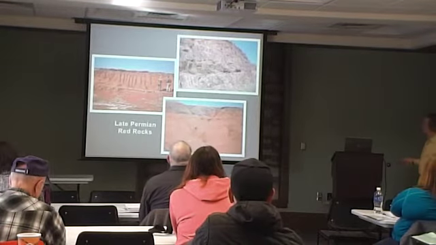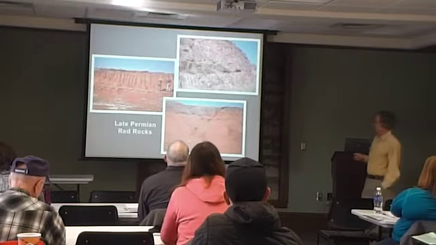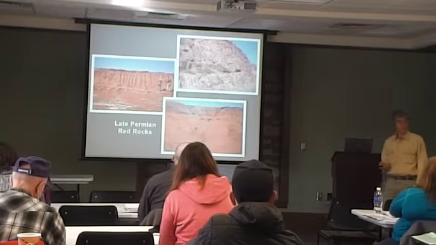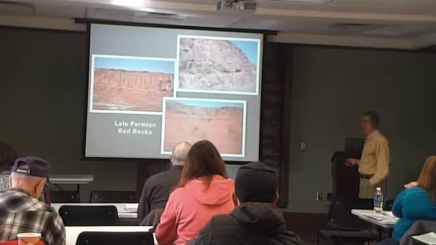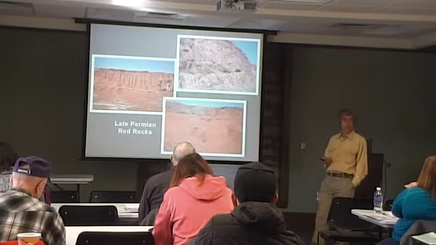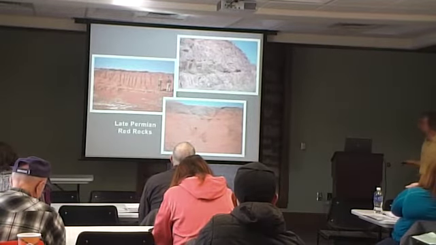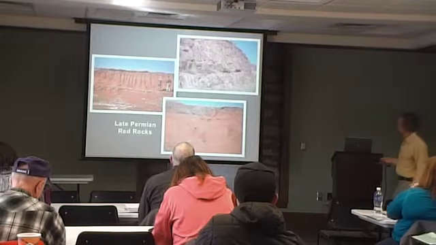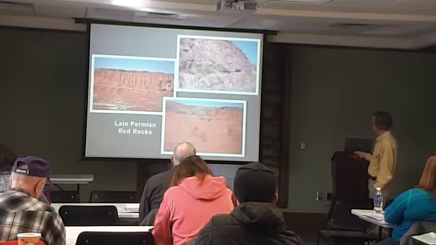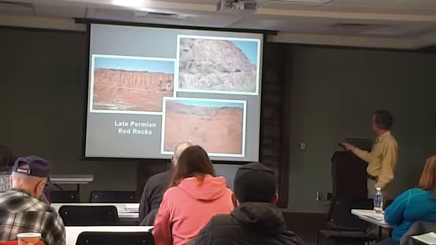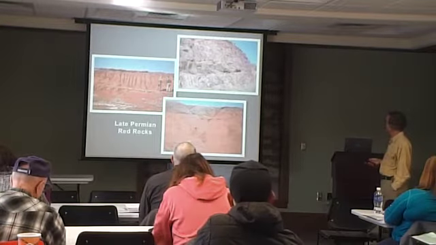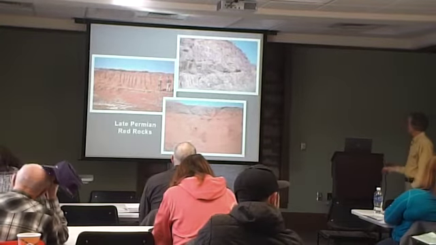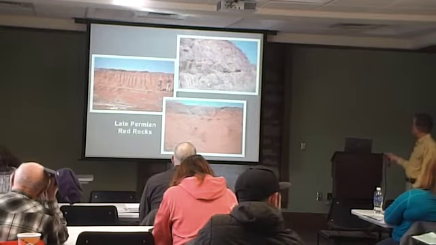These are all river deposits and floodplain deposits, as well as aeolian deposits, that is wind-blown sands. There's also some caliche in here, but it's mostly just red siltstones and sandstones.